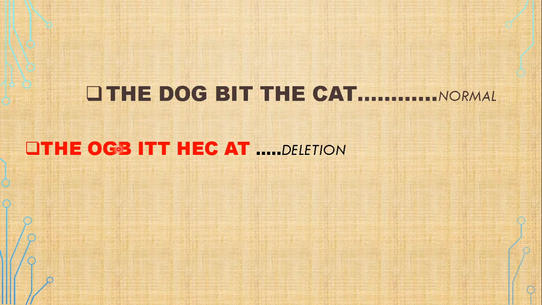As I've shown here, the following letters come in the form of the second triplet. So when B has gone to the previous codon, added up with the previous codon, there will be a shift here. So ITT becomes the third codon, HEC becomes the fourth codon, and it continues in this manner.